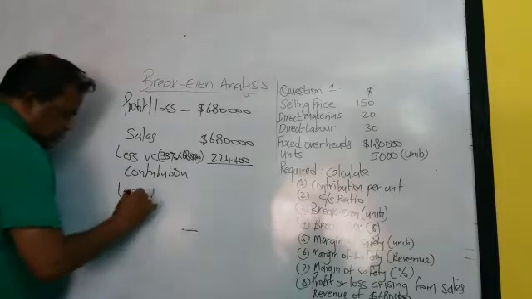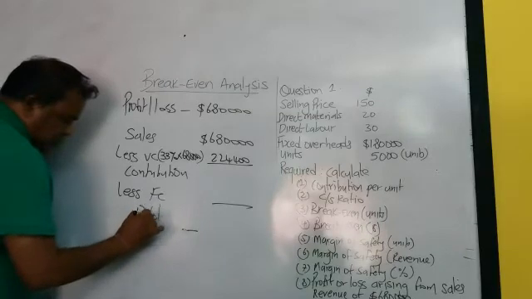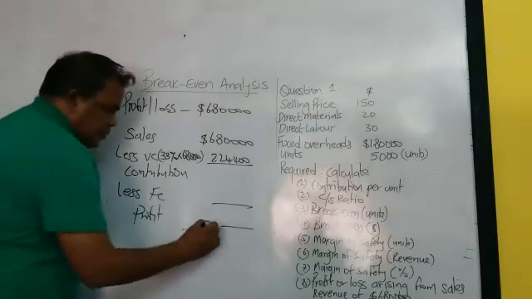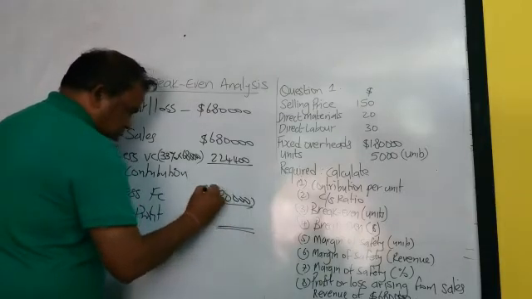Then we less fixed cost, and we will get profit or loss. We have to replace what is fixed cost: 180 000.